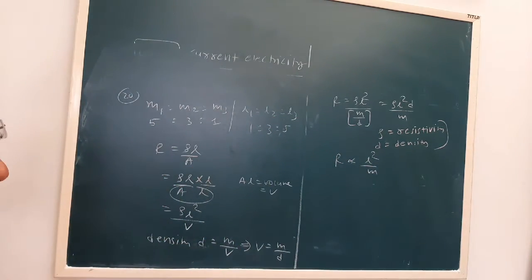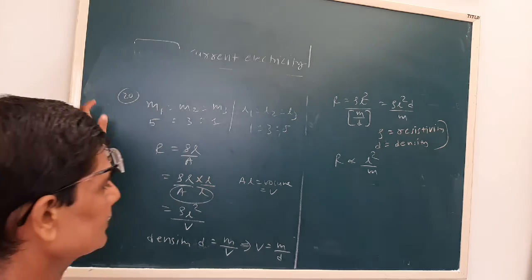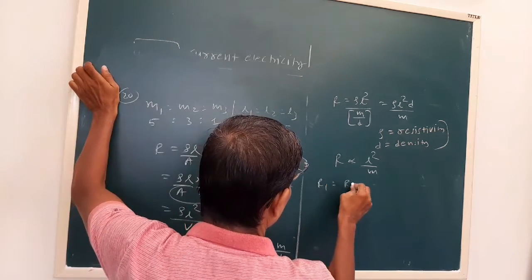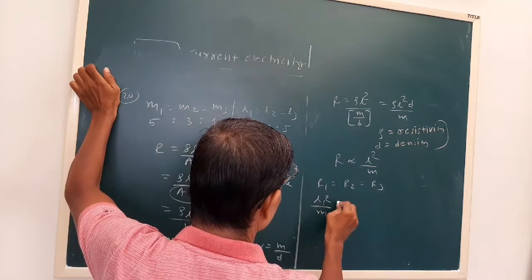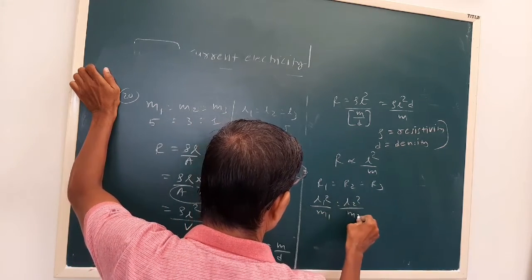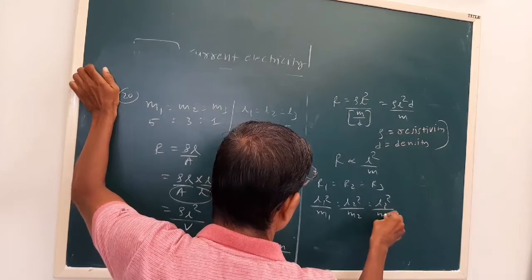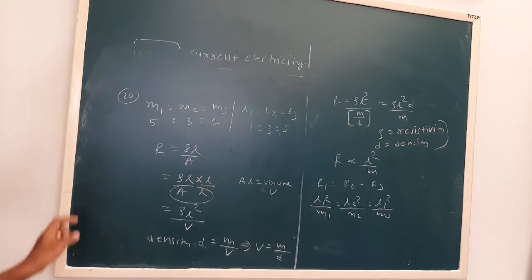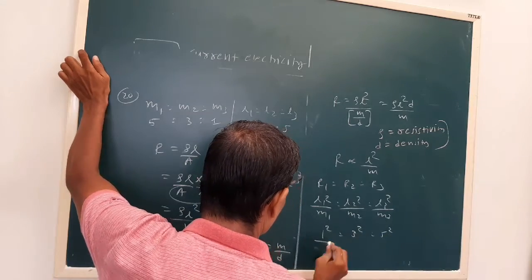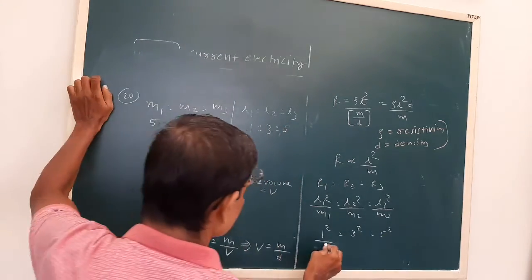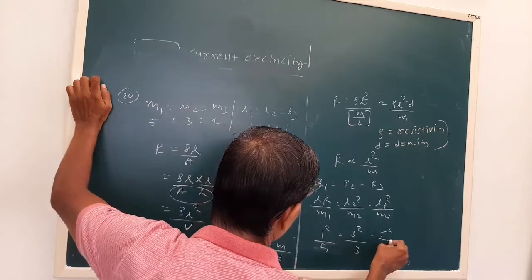Now see, our values are given in terms of length and mass. So we can write R1, R2 and R3 as L square by M: length is 1 square, mass is 5, 3 and 1.